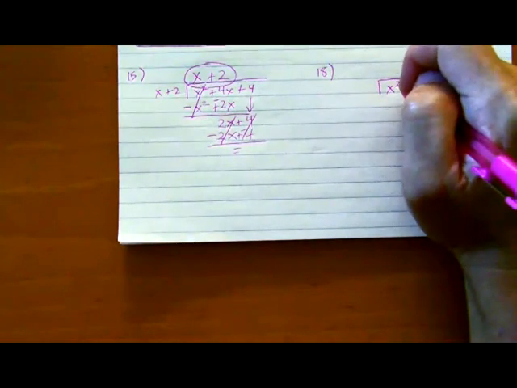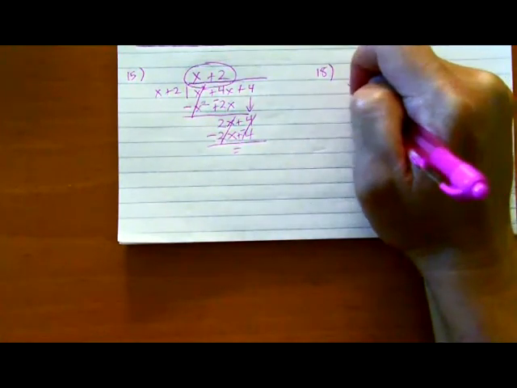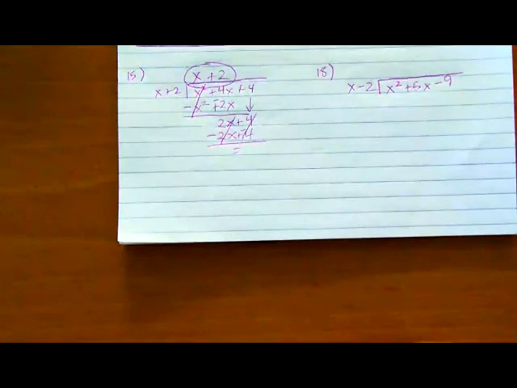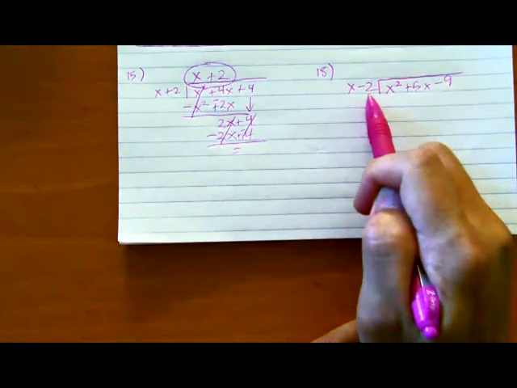Number 18. x to the second plus 5x minus 9 divided by x minus 2. Okay, so we ignore these two terms. We ignore the negative 2.